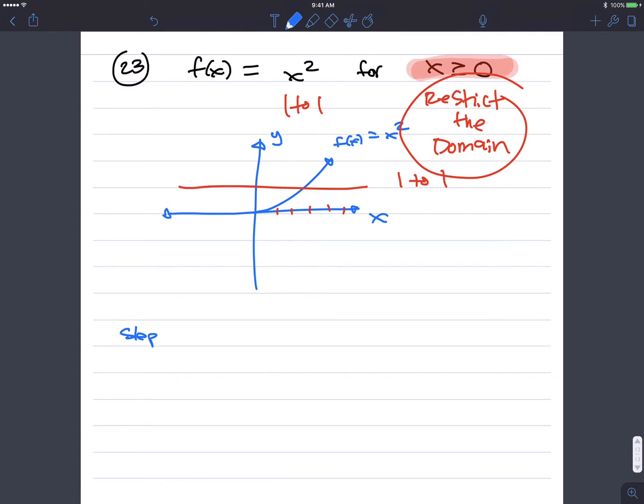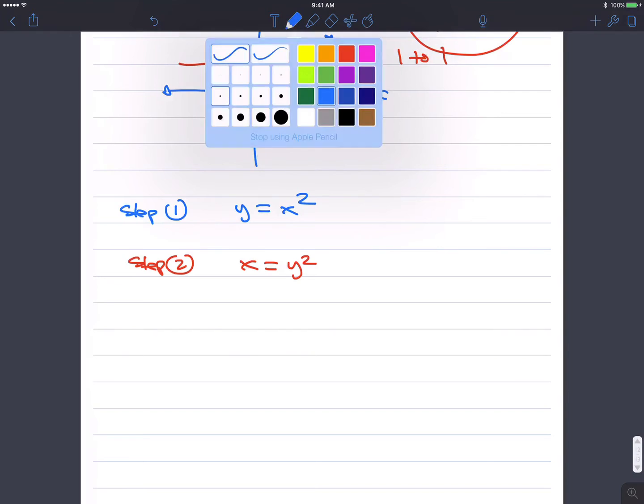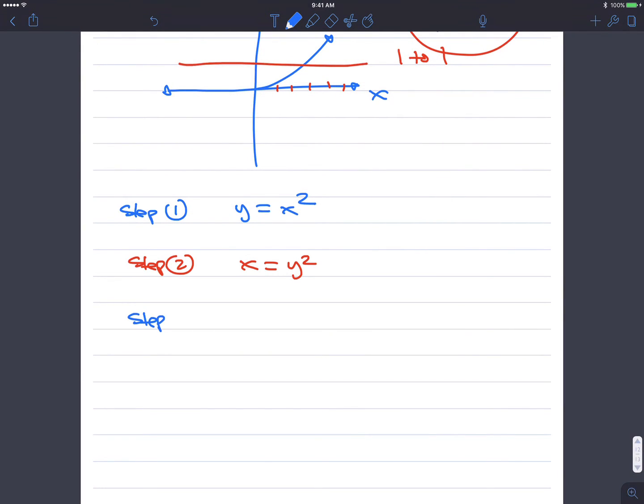Step 1. Let y be f of x. Y is x squared. Now, step 2. What's step 2? Switch x and y. Okay. Step 3. Solve for what? For y.